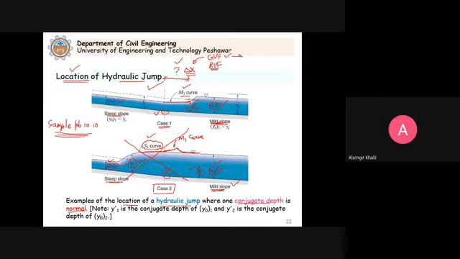Here we discussed, clear? That delta x is equal to E1 minus E2 divided by S minus S naught. So this equation essentially we will use.